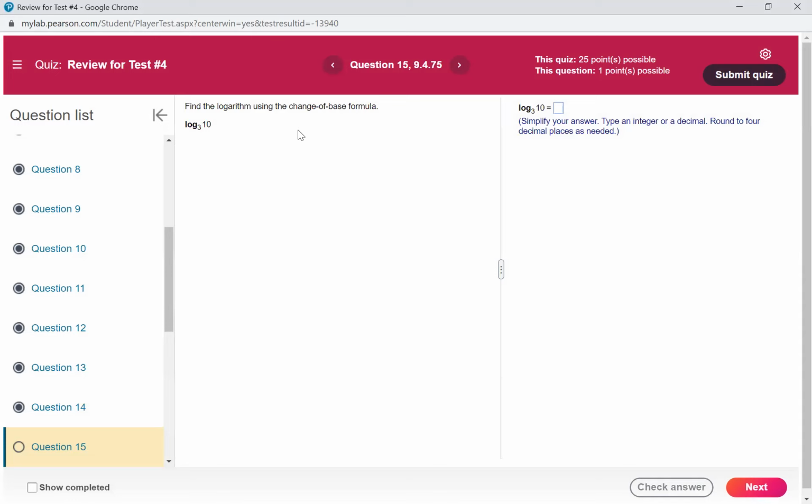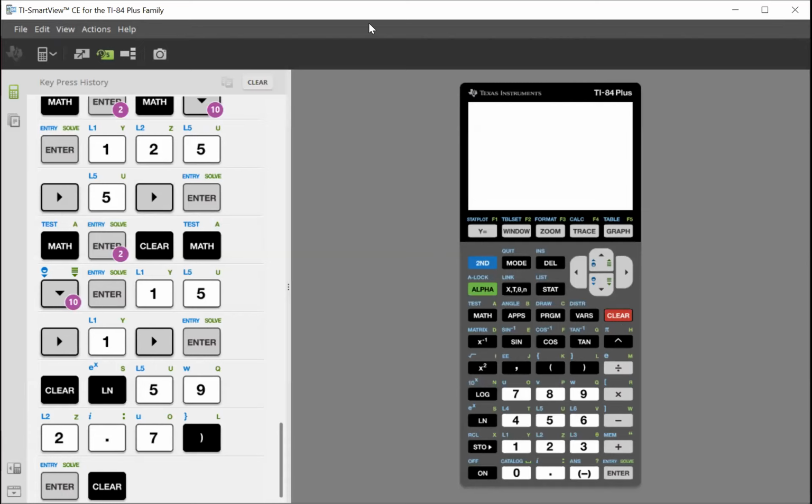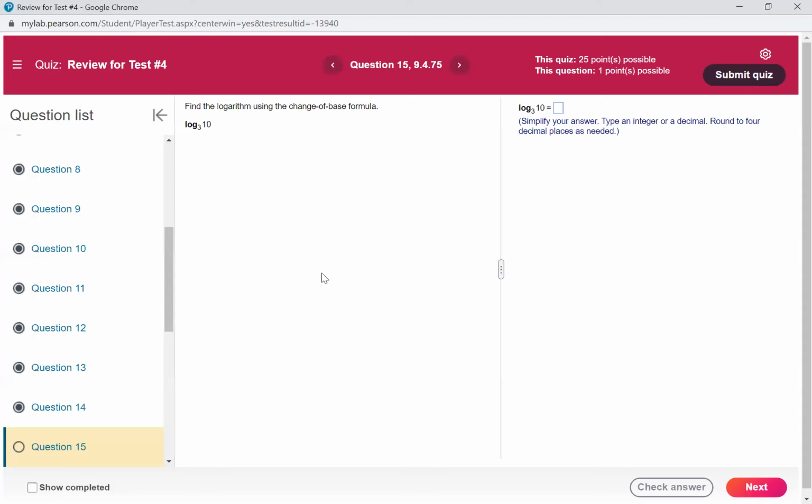All right, so it says use change of base. Well, y'all, this is modern time, so I'm just going to go to my calculator and go to the log base. Notice, round this one to 4 decimal places also. So I'm going to go to my calculator. Whoops, let me get my problem. I didn't write it down real quick. So I got a log base 3 of 10.